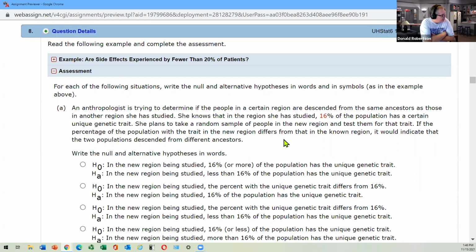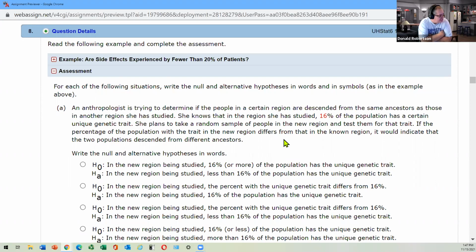So an anthropologist is trying to determine this, and she knows that in the region that she's studied, 16% of them have a particular unique genetic trait. It could be green eyes, right? Blonde hair, or whatever. 16% of them have it. She plans to take a random sample of people from this new region and test them for that trait.